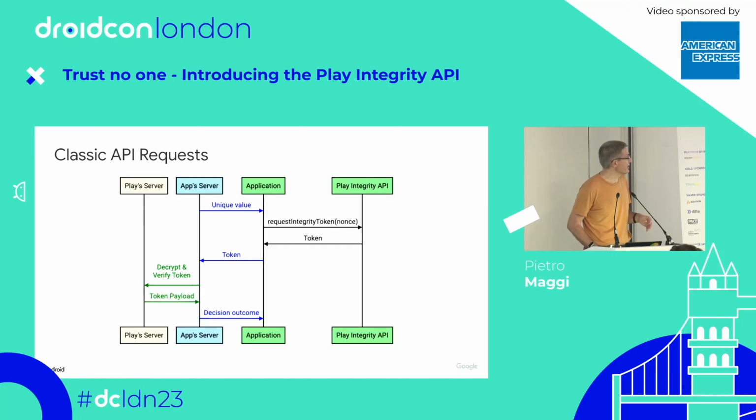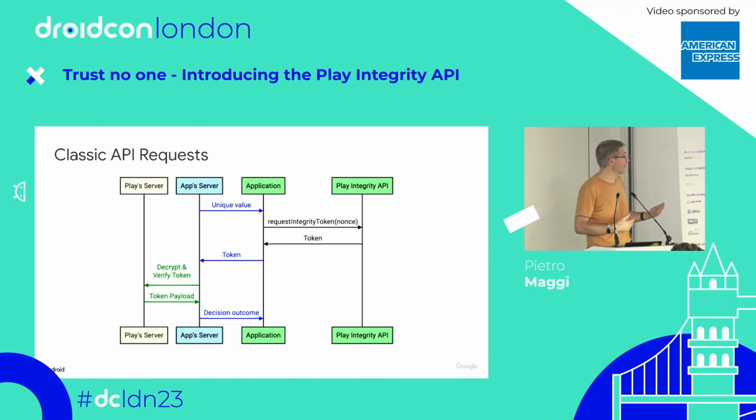Classic API request, as we said, everything starts from the server. In the classic request, because the API is intended to avoid replay attacks, it creates a nonce, a unique value that is going to be used in the life cycle of this request. The idea is that you get the nonce from your own server, you do a request, you get a token, you pass back the token, and the Play server returns a token payload.